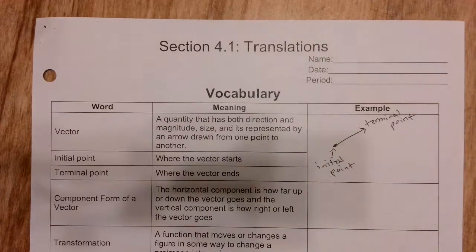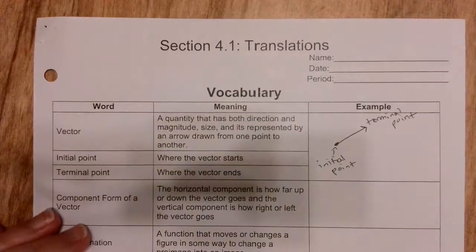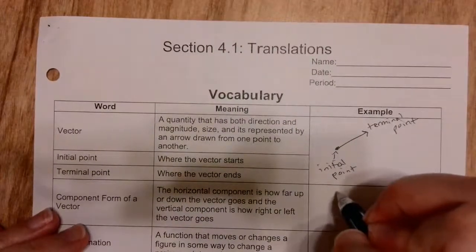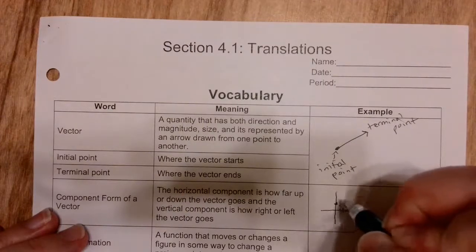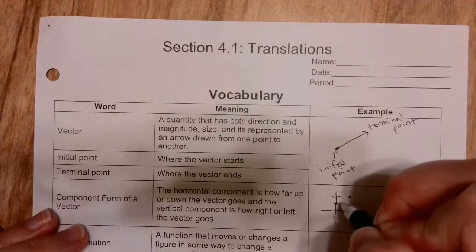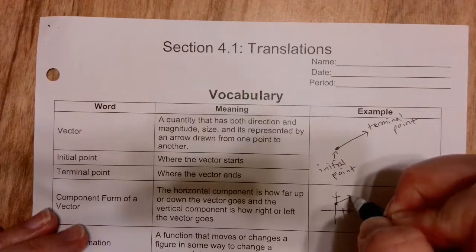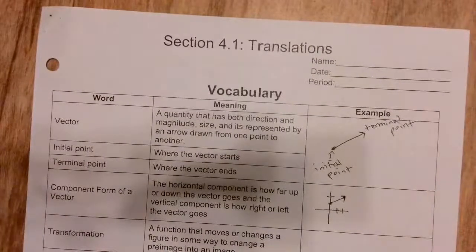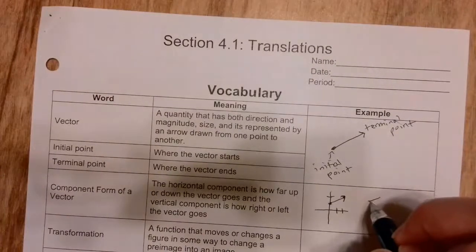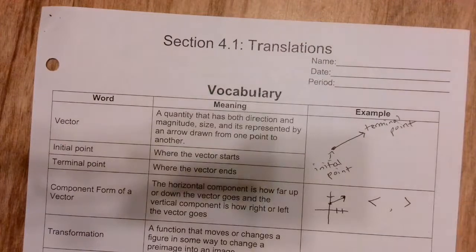So the component form of a vector is a way to describe the vector without having to draw it. So if you have maybe a picture like this, you have a vector like this. The component form, it's two numbers.